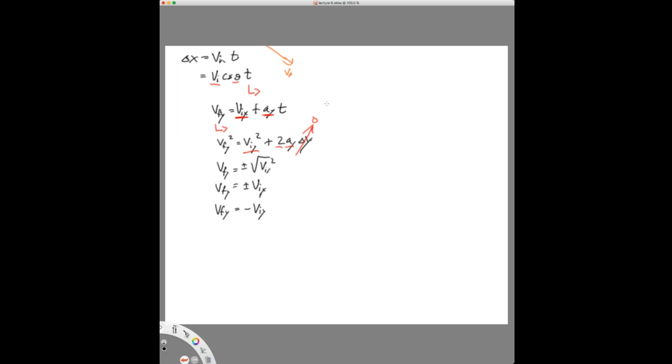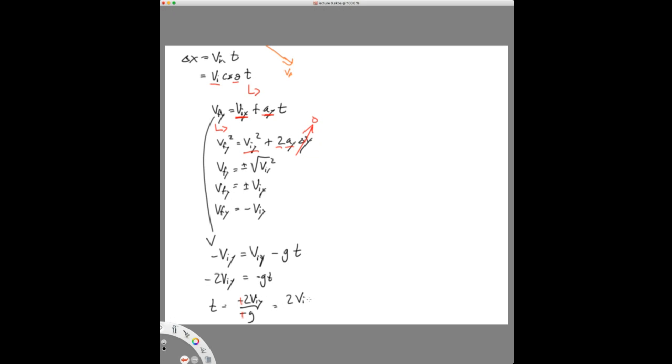So this VFY equation, if we put in minus VIY equals VIY minus G times T, so I'm putting in that AY is minus G, we can now solve this for T. We're just going to subtract the VIY from both sides, so we wind up with a minus 2 VIY equals minus GT, and then T is minus 2 VIY over minus G. So those minus signs cancel out and leave us with 2.